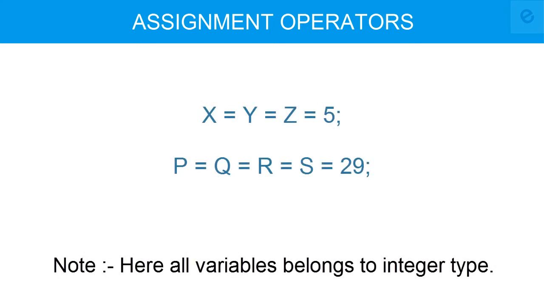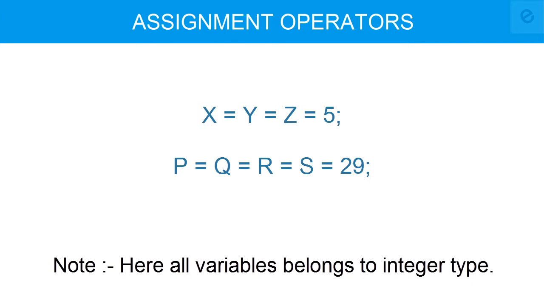What multiple assignment basically does is it assigns a single value to many variables at one time, simultaneously in one statement. Like it is given on the screen that x equals y equals z equals 5.